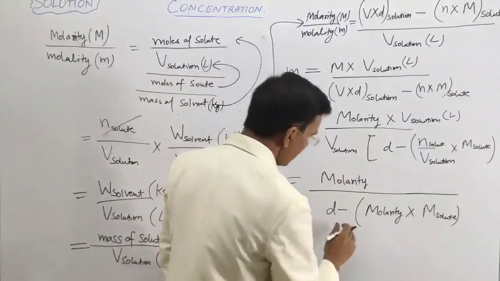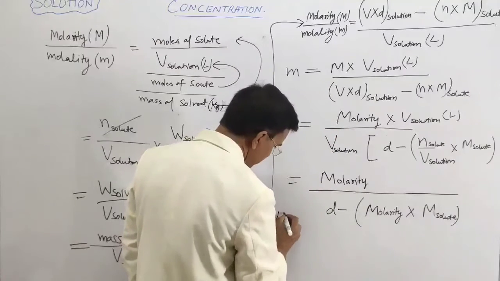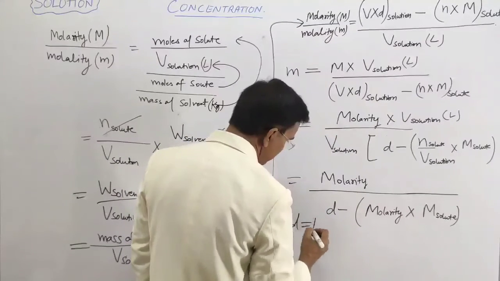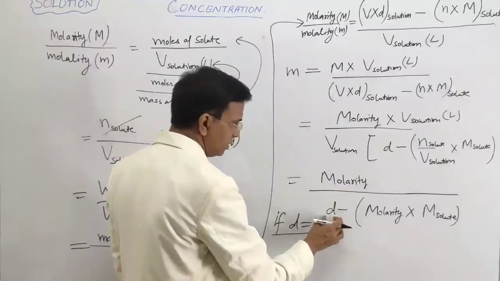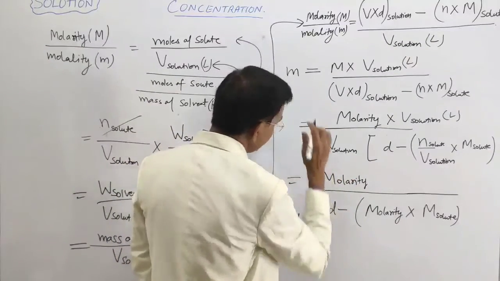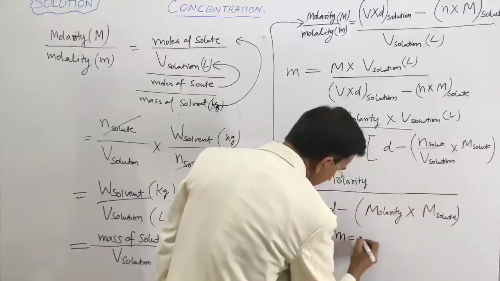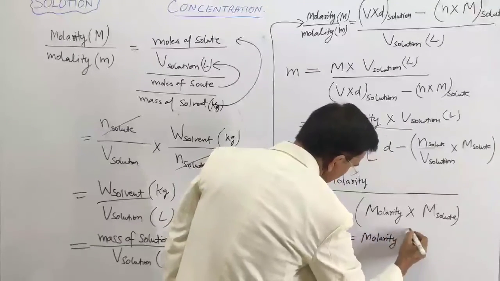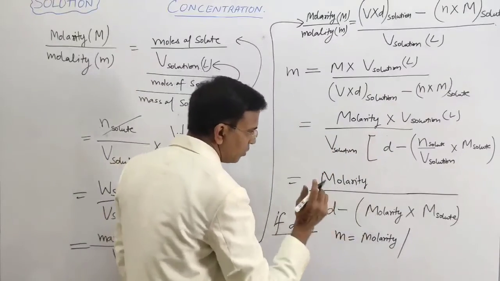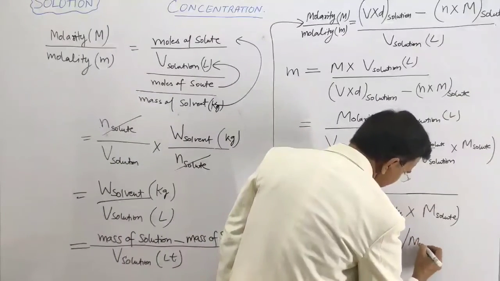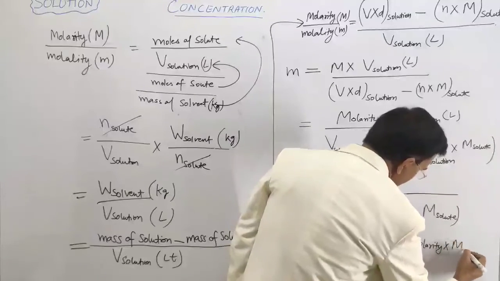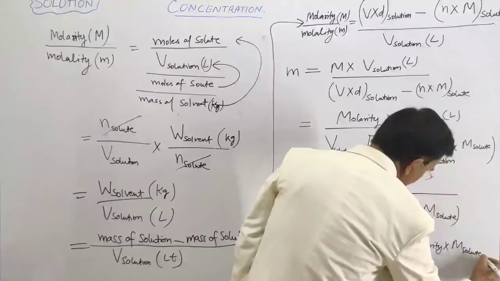So in this, if D is equal to 1, then molality is equal to molarity upon one minus molarity multiplied by mass of solute.